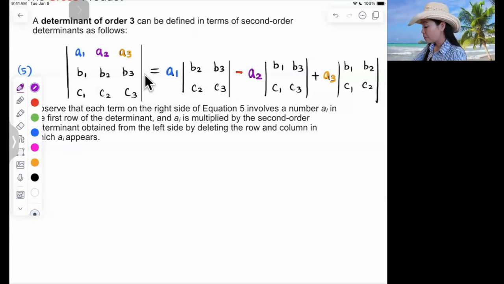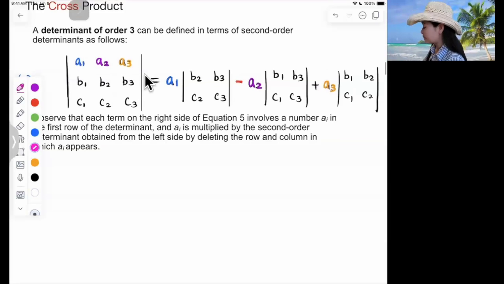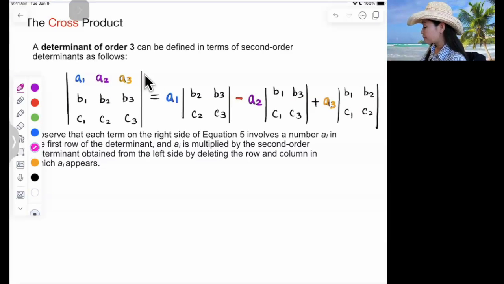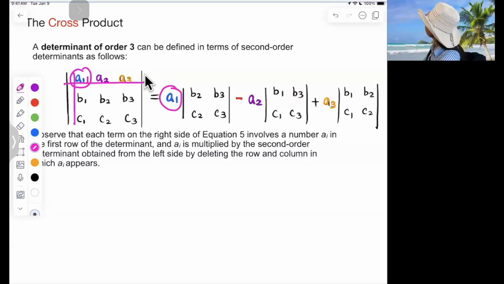So we take this A, and you can expand along the first row, along this first row over here. Now, you take the first one, and then you eliminate the column and row that contain that one.